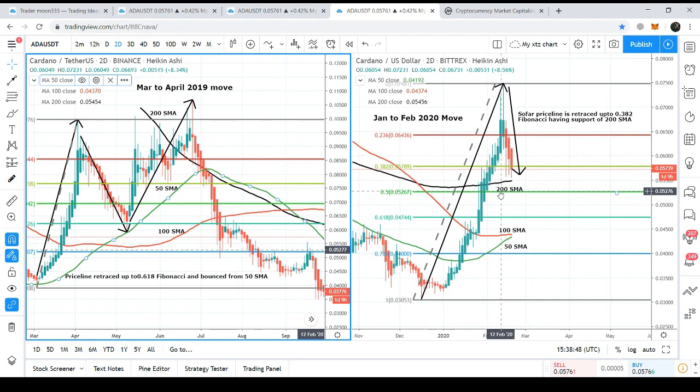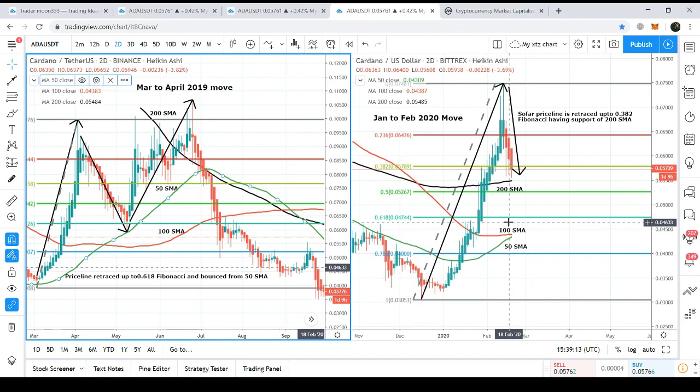So this time it will be difficult for the price action to cross down this 200 simple moving average, because we also have a bull cross formation between the 50 and 100 moving averages that is likely to be formed very soon. It will also produce a very powerful bull move.